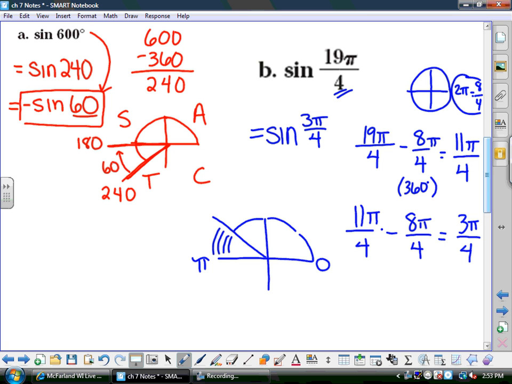What fraction of pi is that reference angle? 1/4, 2/4, 3/4. So this is another fourth. The reference angle is pi over 4. So the sine of 3 pi over 4 is the exact same as the sine of pi over 4. It only might be different by a positive or negative.